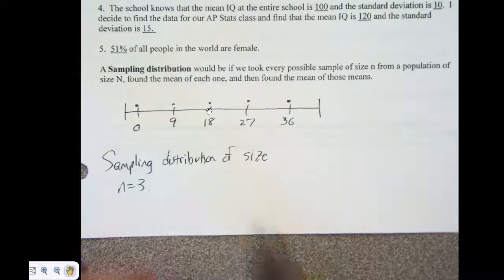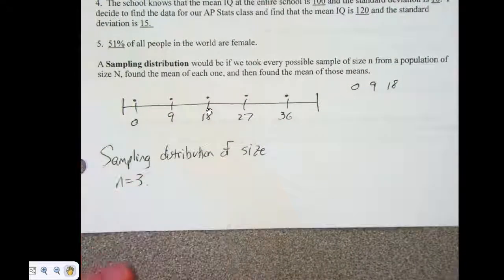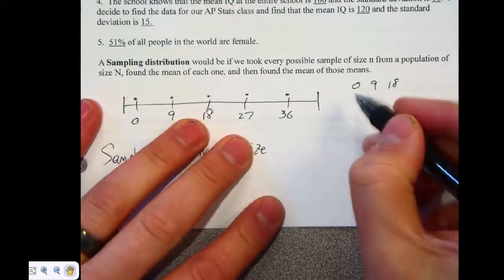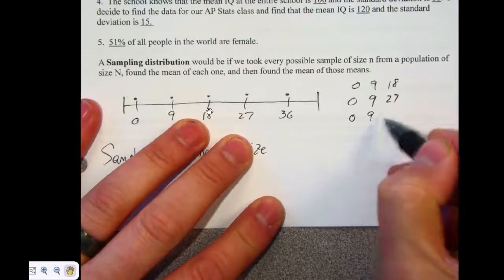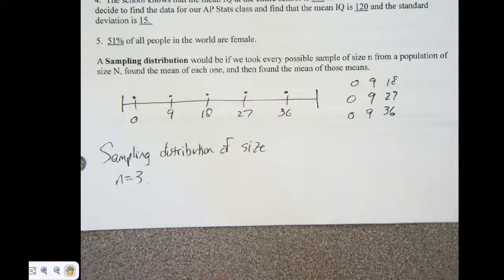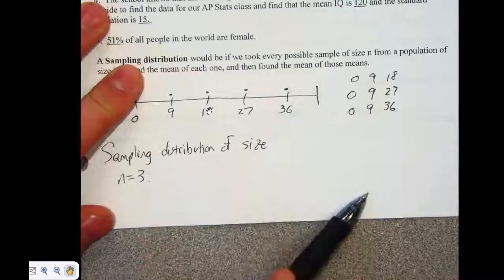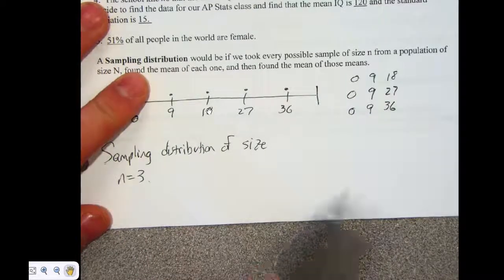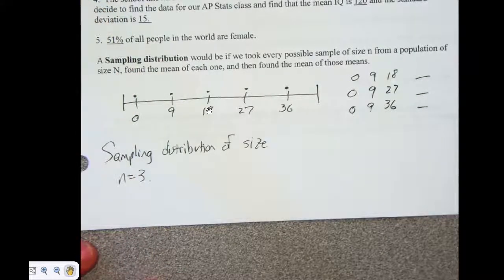That's not that bad. So like 0, 9, 18. That's the first set of 3, right? And then I would probably go 0, 9, 27, 0, 9, 36. There are 10 of them. I want you to find all 10 of the possible combinations of 3, and then find the average of each one of those.